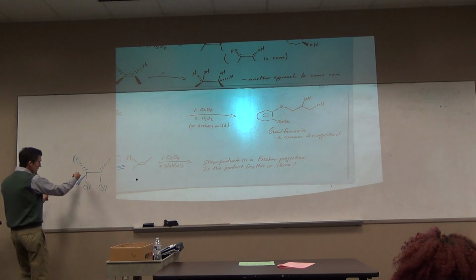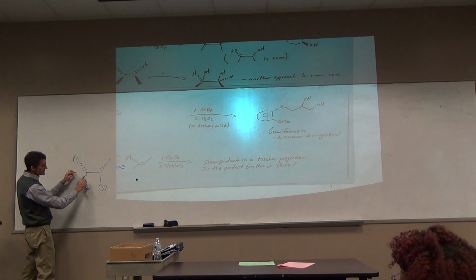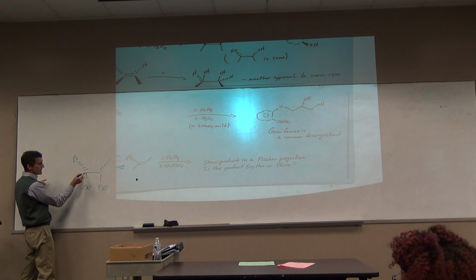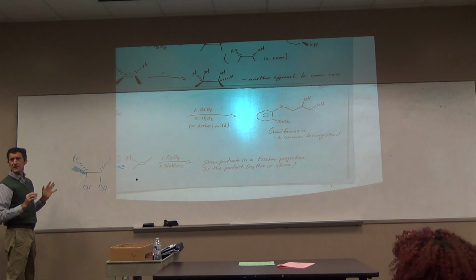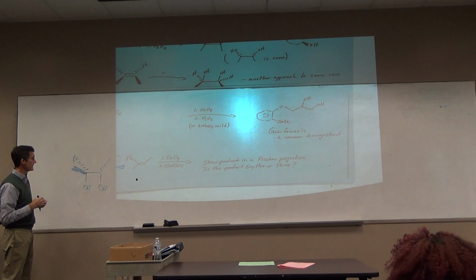Now this bond looks a little ugly here. You can erase it and make it a little better. It's tetrahedral, so this is going to project up a little bit. We can draw it up a little bit, but it's still forward. Now it looks better.